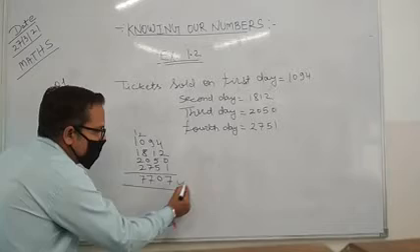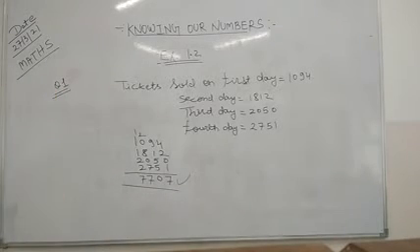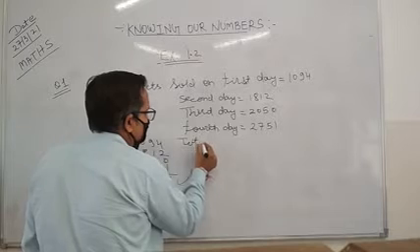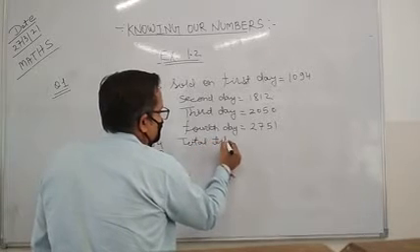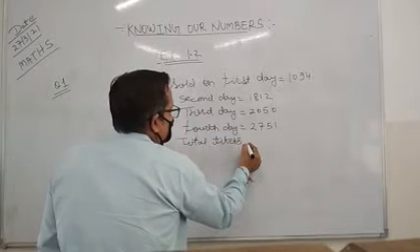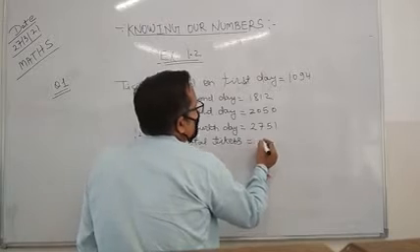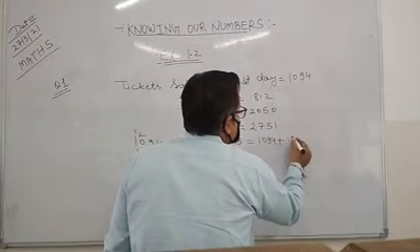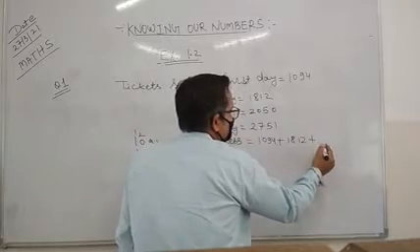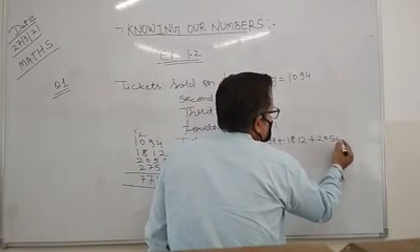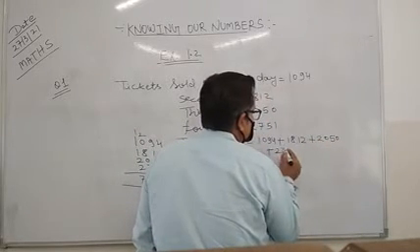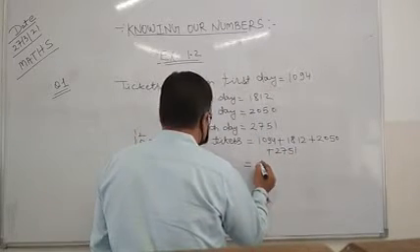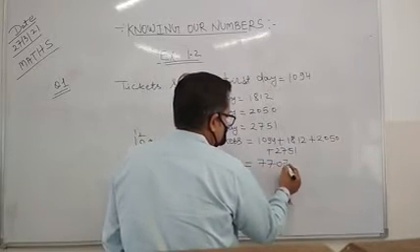That is the total we get when we do this. Total tickets for 4 days will be the addition of 1094 plus 1812 plus 2050 plus 2751, and after adding we get 7707.